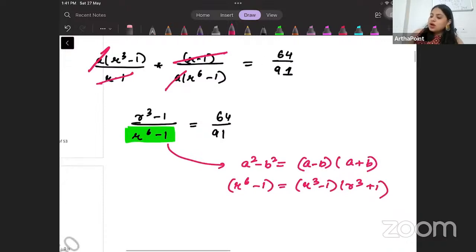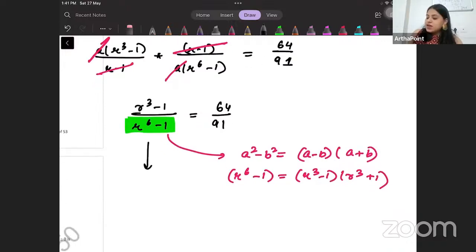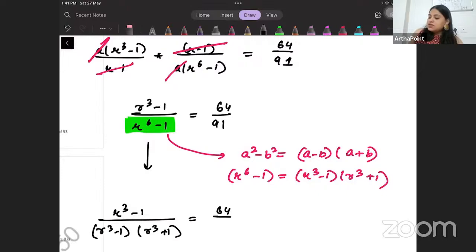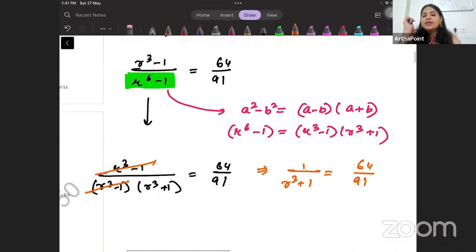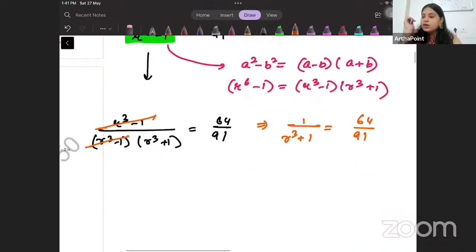So on those grounds, I will write this as (r cube minus 1) upon (r cube minus 1)(r cube plus 1) equal to 64/91, and this will cancel out. So I will be left with 1 upon (r cube plus 1) is 64/91. Right?